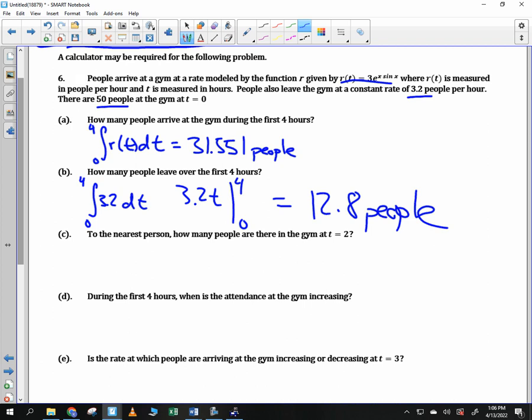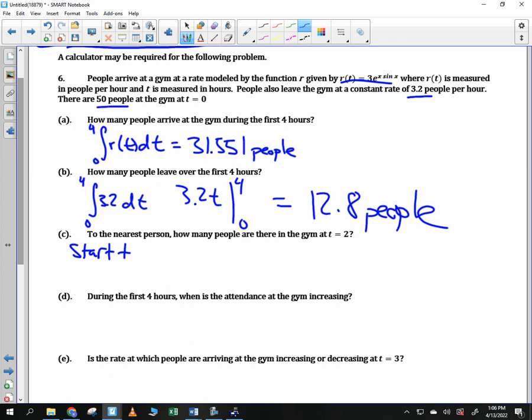Now, here's where it gets really interesting. It says, to the nearest person, how many people are there in the gym at time equals 2? Well, how would you try to figure out, don't give me numbers, give me a general expression, like how would you figure out how many people are in the gym? You'd want to factor in the start plus, don't give me mathematical expressions, give me words.